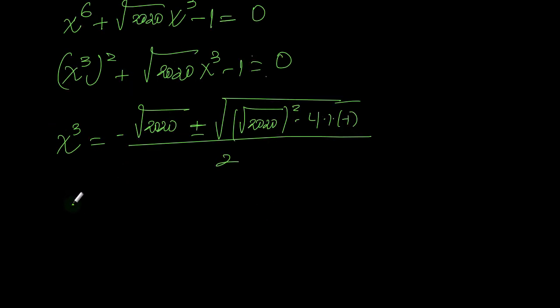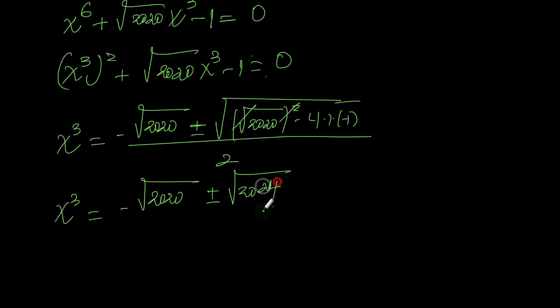So we are saying that we have x to the 3 equals minus square root of 20 plus or minus, this will be positive 20, 20 plus 4, 24, right? We're gonna have then plus square root of 2024 all divided by 2.